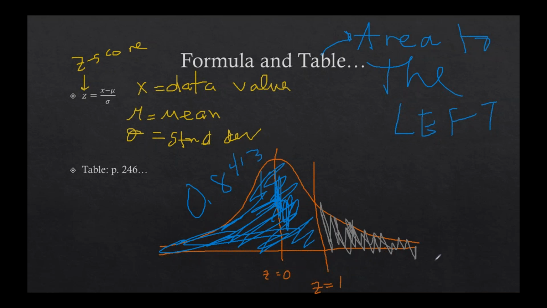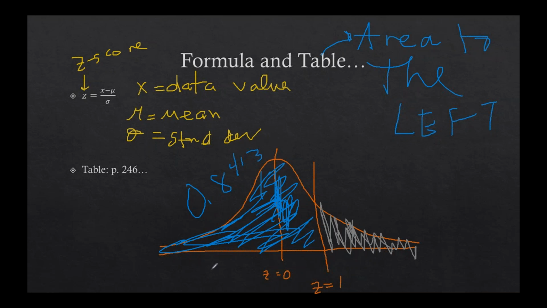Anybody have any idea? We already talked about this a little bit from section 4. No, it's not -1. We're still using a z-score of 1. We're just finding the area to the right. Think about the picture that I so beautifully drew. What do you know about the whole thing?